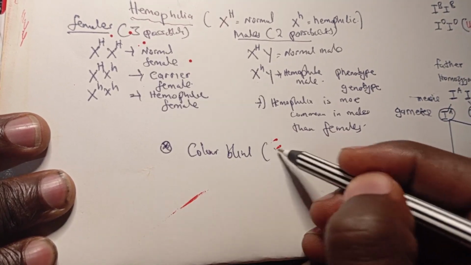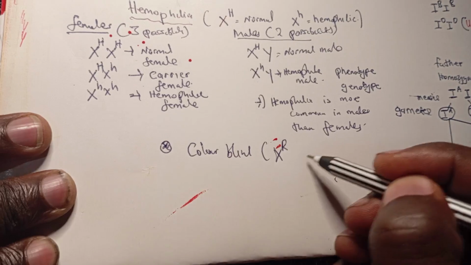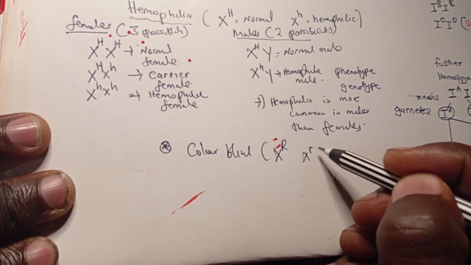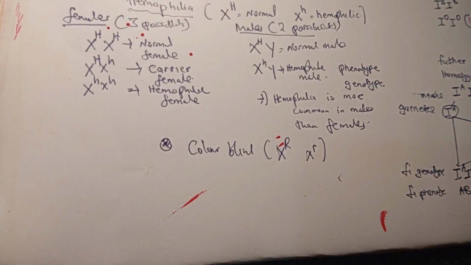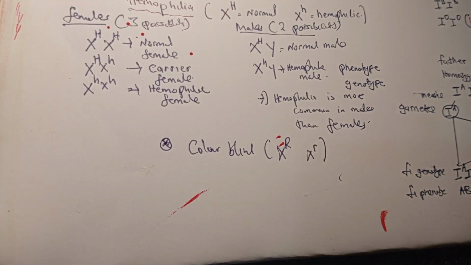This one is normal, this one is color blind. The same pattern happens because they are both sex-linked genes. So you're going to have three possibilities in females and two possibilities in males.